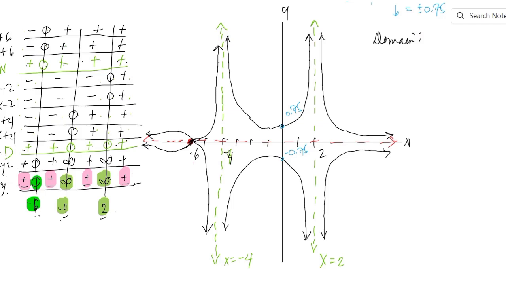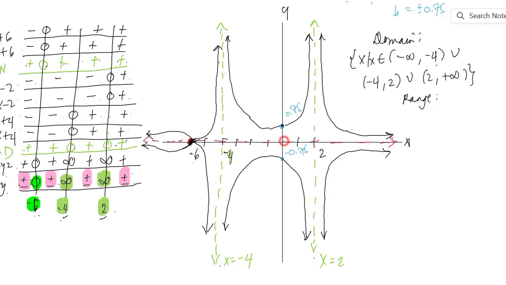For the domain, we have any value of x such that x is an element of the set from -infinity up to -4, not included of course the -4 because this is our vertical asymptote, union of the set from -4 up to +2, not included the +2 since this is a vertical asymptote, union of the set from 2 to the positive infinity.